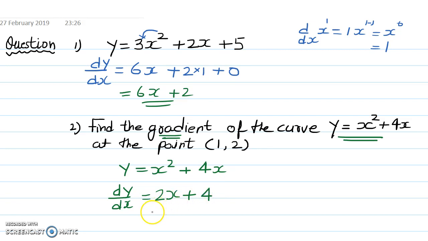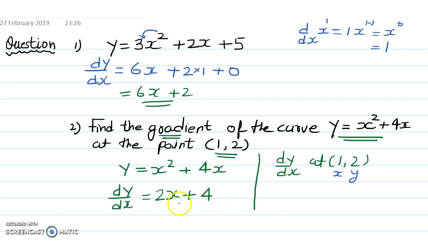So we got 2x plus 4. Now we have been given some extra points, that is 1 and 2. So we are going to calculate dy by dx at 1 and 2. It means this is our x value and this is our y value.